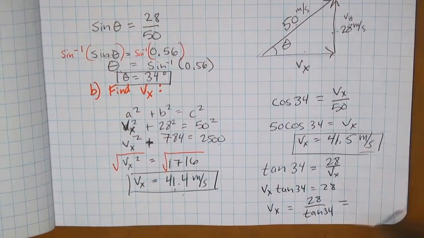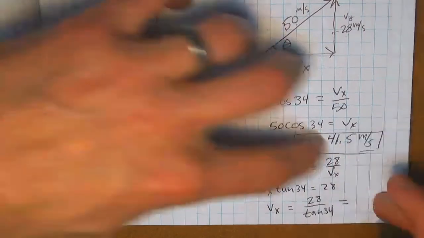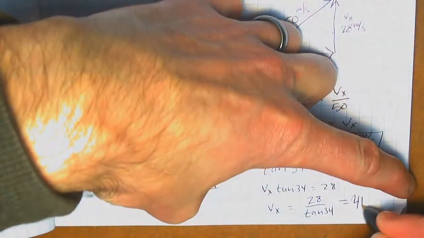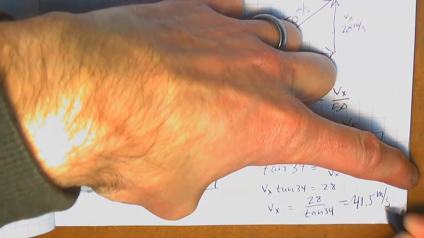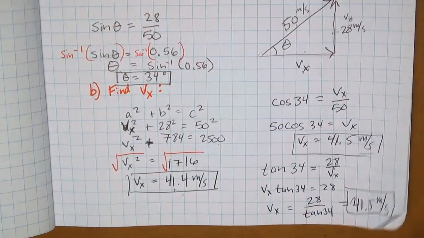And if you type that in, you should get 41.5. So these are all ways you could have done it. Obviously, whichever one you like the best works. And sure enough, again, 41.5. So either one would work, whichever one makes the most sense to you.